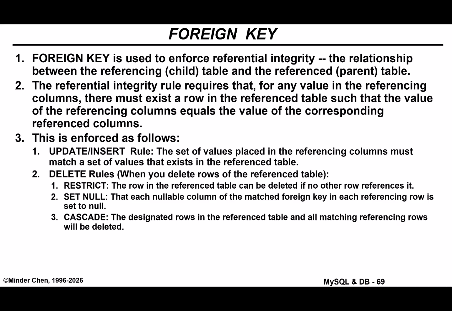Just to give you an example, let's say we have a customer who places an order. And so in the order table, we have a customer ID as a foreign key.